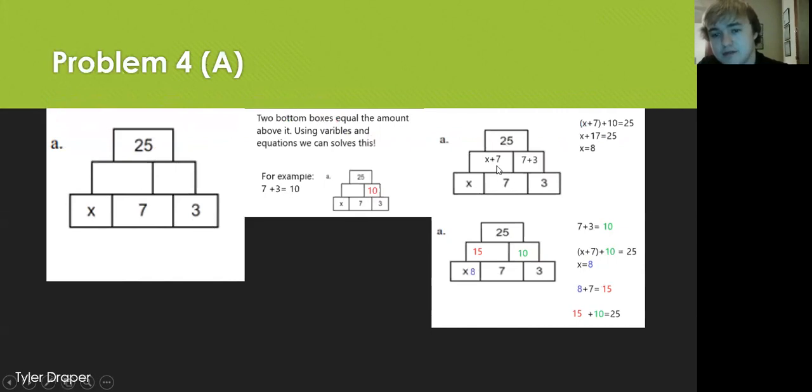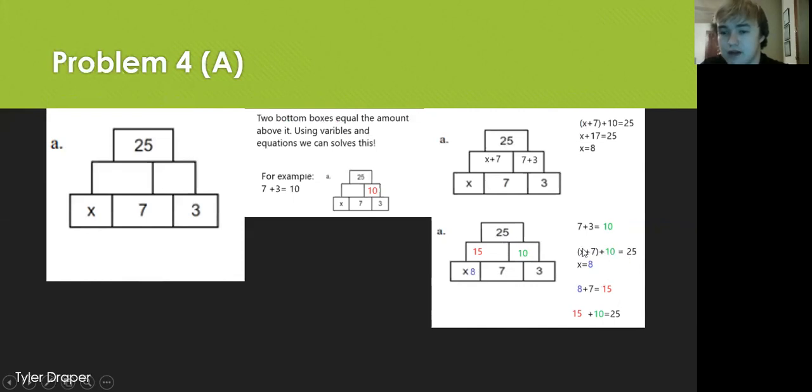All right, so we'll move here to A. X plus 7 there, 7 plus 3. So here it is. We have 7 plus 3 equals 10. We got our green 10 here. And we know this row here is going to be our x plus 7 plus 10, and it's going to equal 25 because remember our 2 boxes equal the exact number above it.